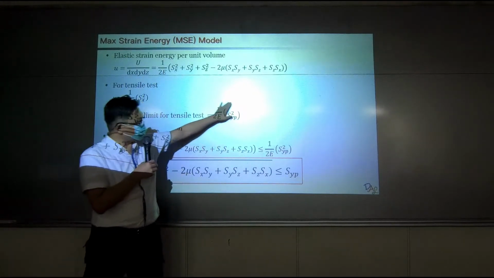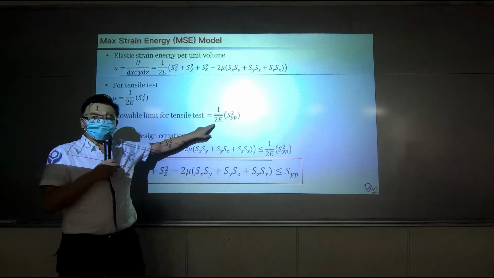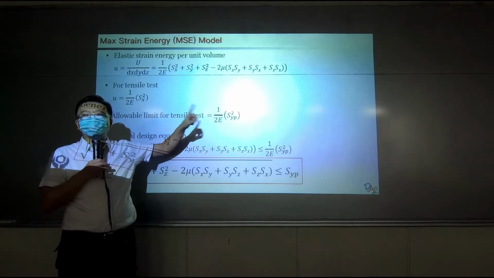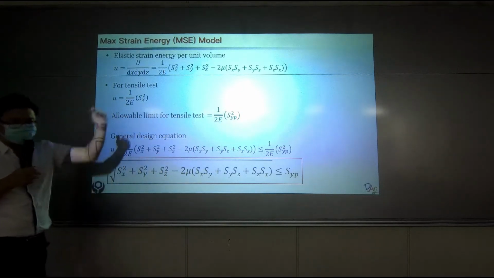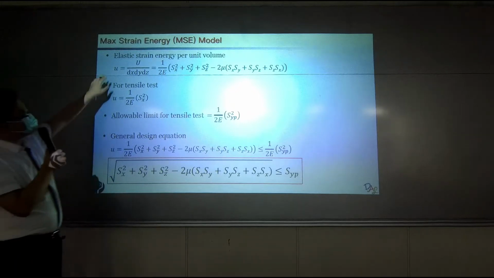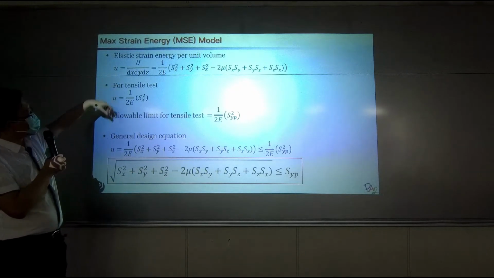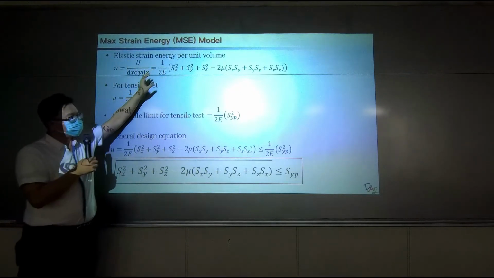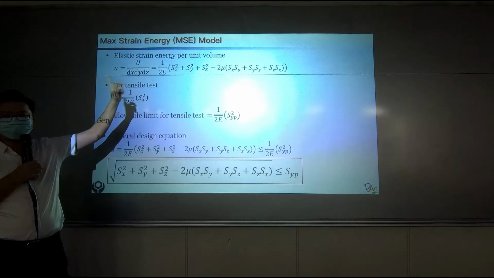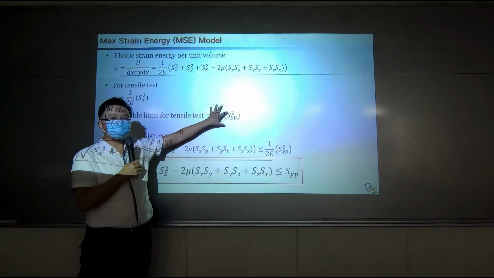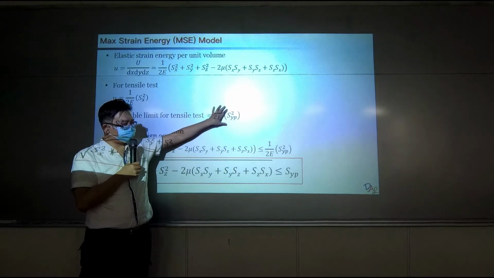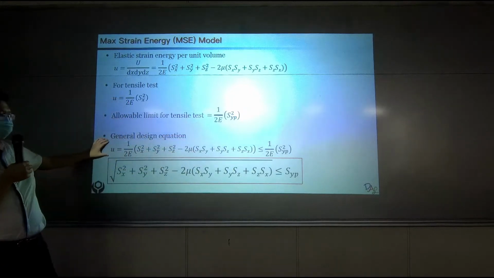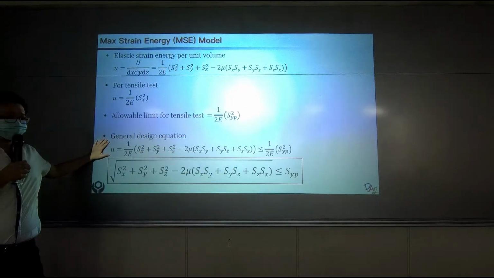That's why we believe this value is the upper bound, the upper limit of U. That's why this equation must be smaller than or equal to this extreme number, this limit. And that's how we get this equation right here.